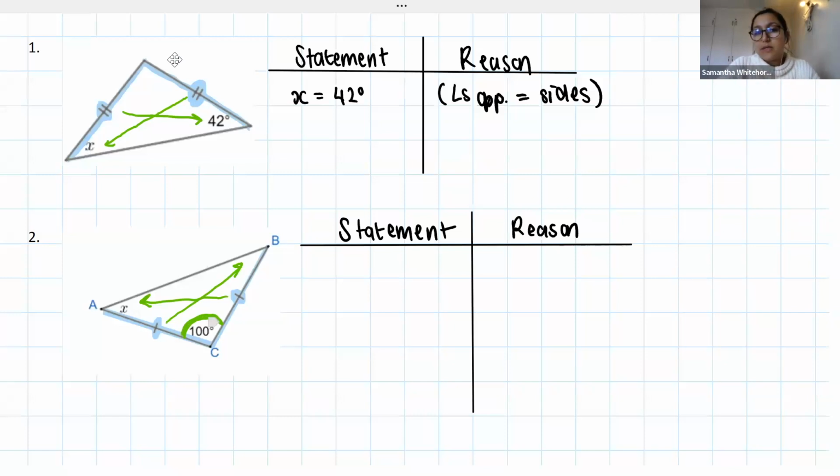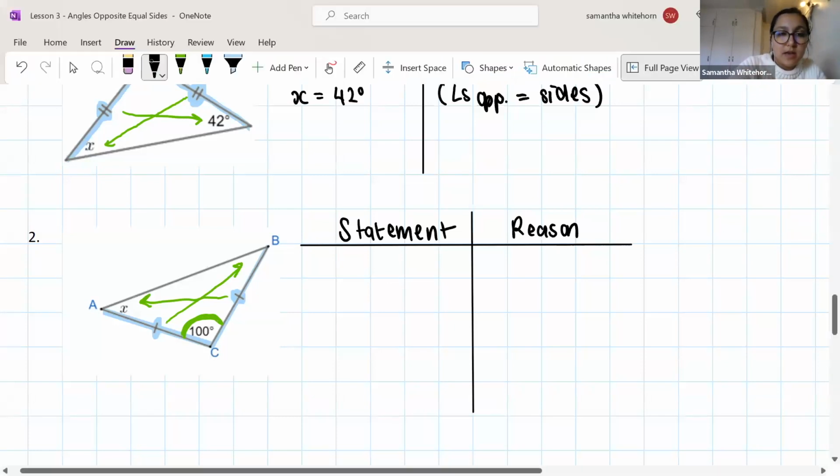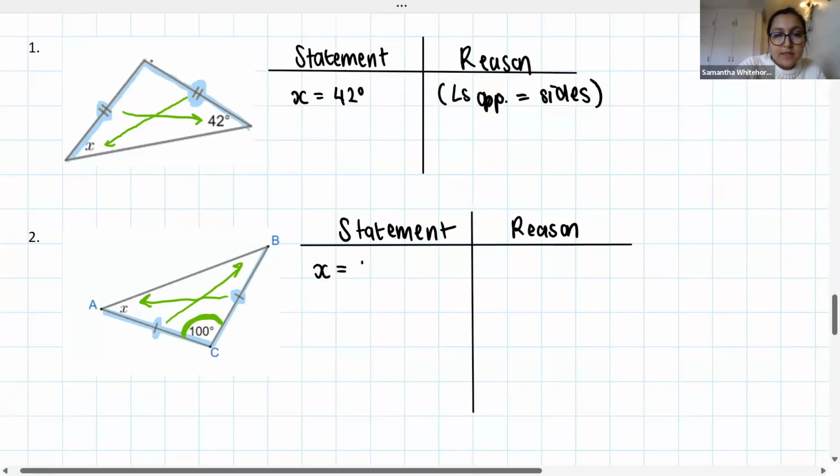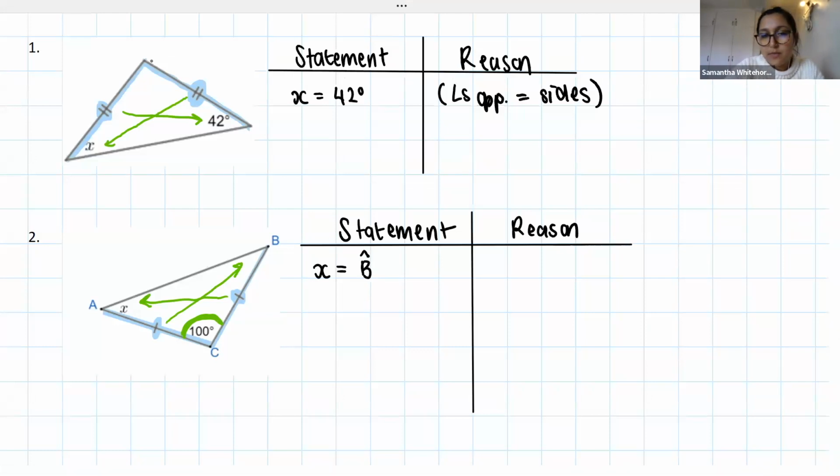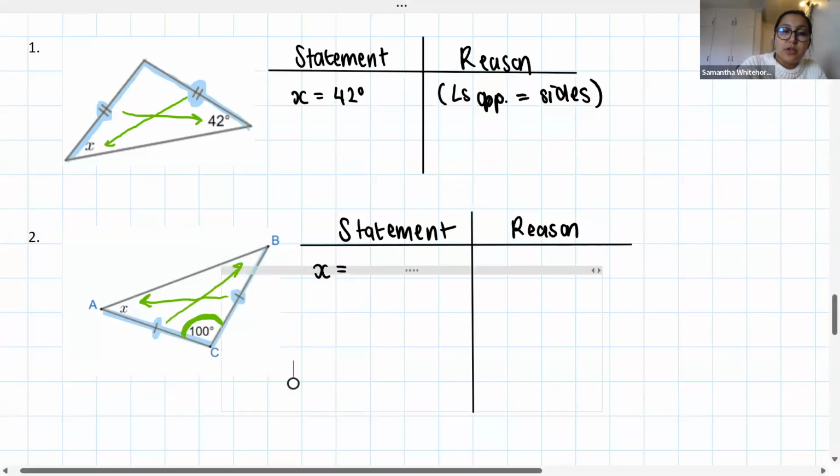And so this is what I was saying earlier. We can now start to use all of our other triangle reasons to get to our value of x. So let's start by saying the fact that we know x is equal to angle B. Now remember, we can put the little hat on B to show it's an angle. If you wanted to label angle B slightly differently, remember you can use the 3 letters.